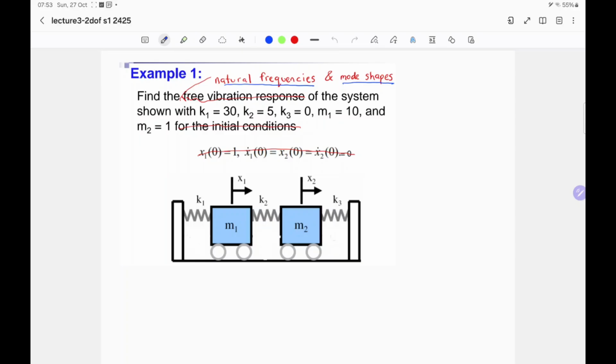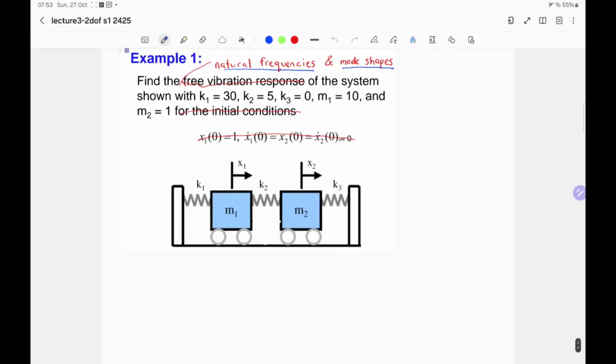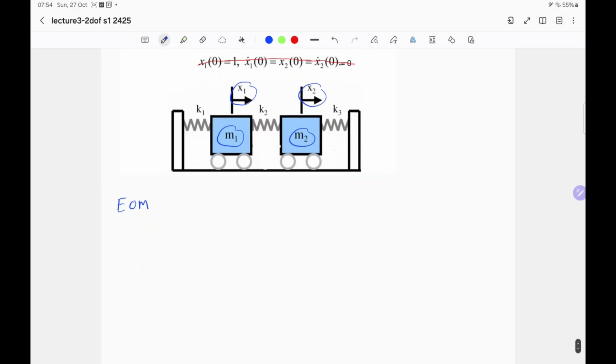As we know, this is a 2 degree of freedom system, since it has 2 masses here and 1 single axis, which is in the horizontal direction. So, in order for us to solve this problem, first we need to determine the equation of motion.